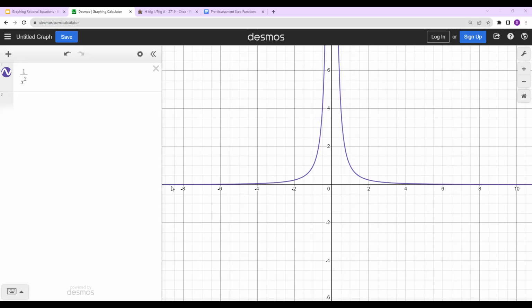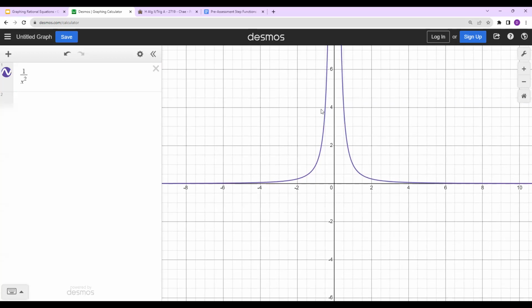You see, I have an x value, x value, x value, right? But where do I not have an x value? At 0. So the domain is all real numbers except 0. That's all it is, because as soon as I hit 0.1, I'm going to have a value here, right?